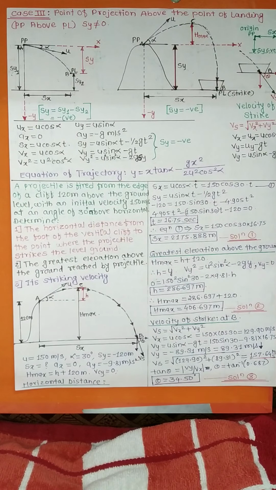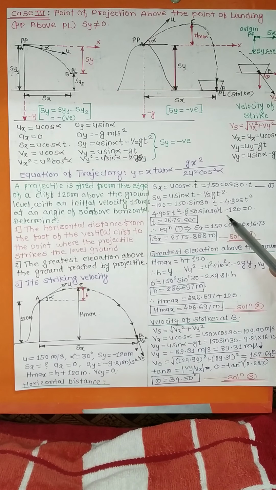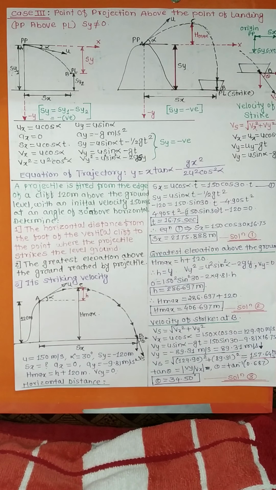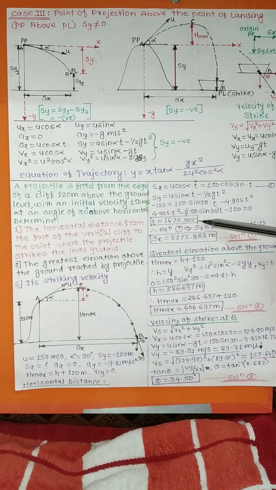This is a quadratic equation. So it is 4.905 t square minus 150 sin 30 t minus 120 equals 0. From this we have the value of t as 16.75 seconds.